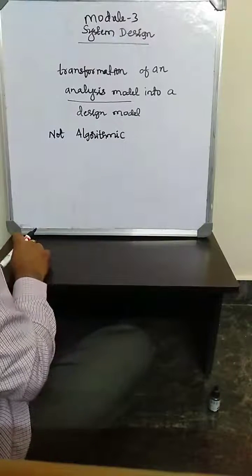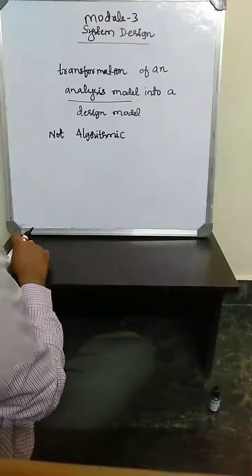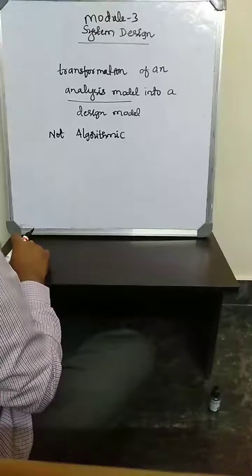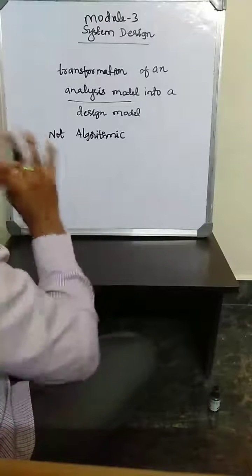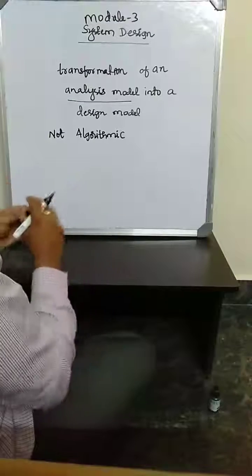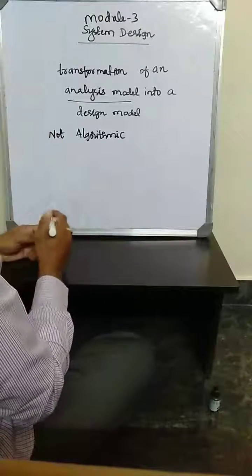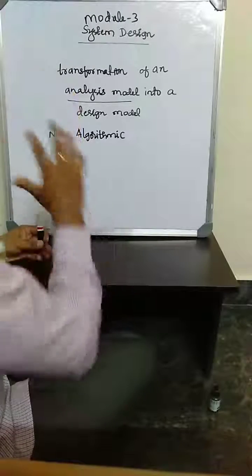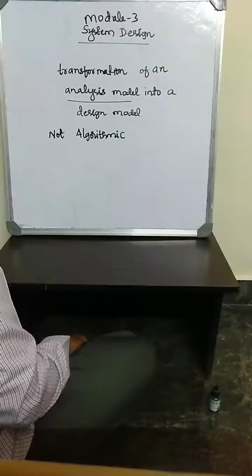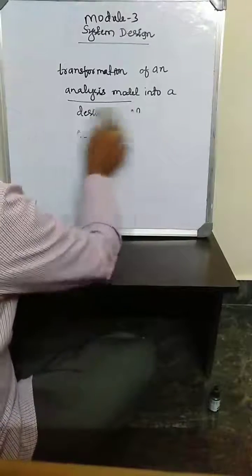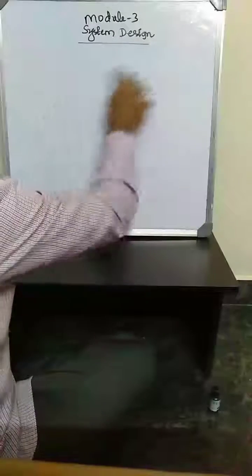And here what exactly are we doing? Designing a system. In that context, usually we follow some rules. What we need to understand as and when we design a system is that we have to keep track of certain things. What exactly we'll see now.